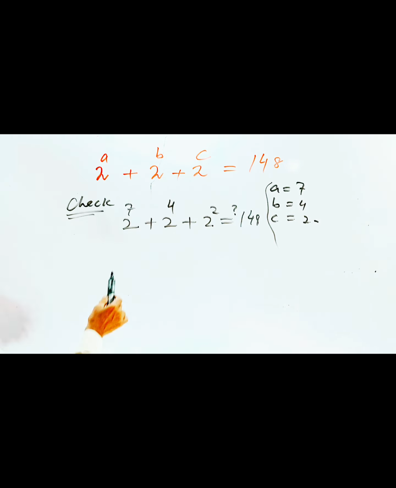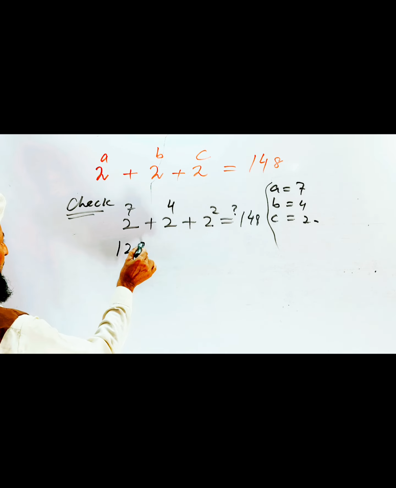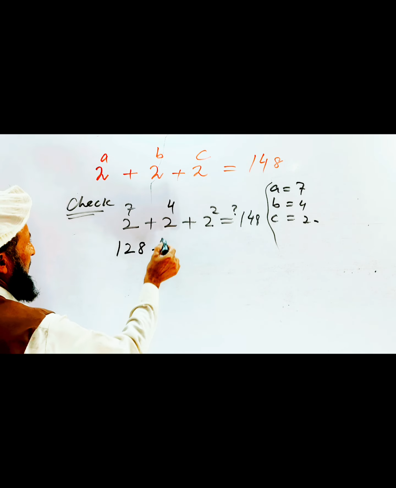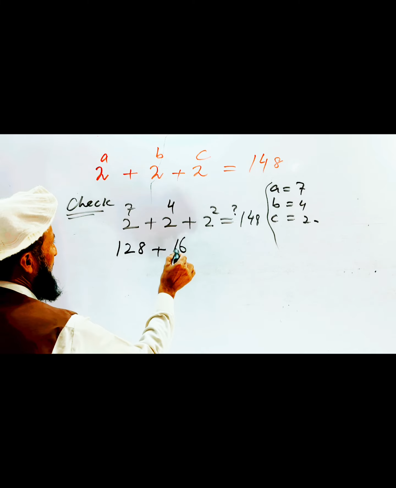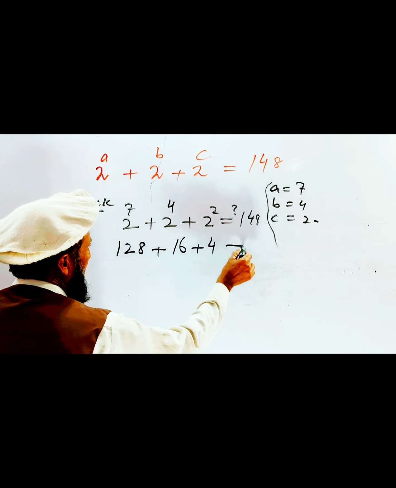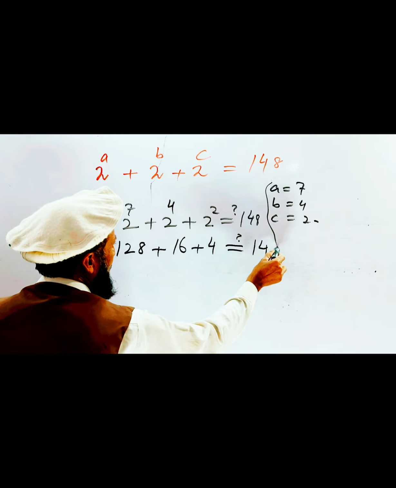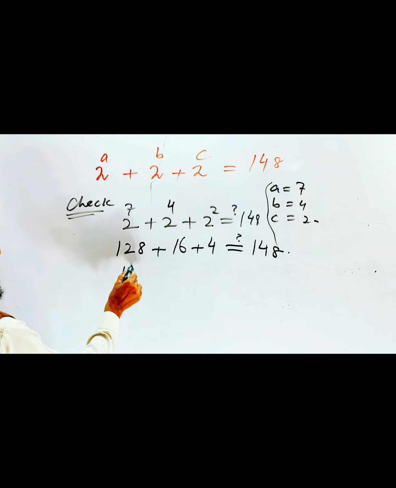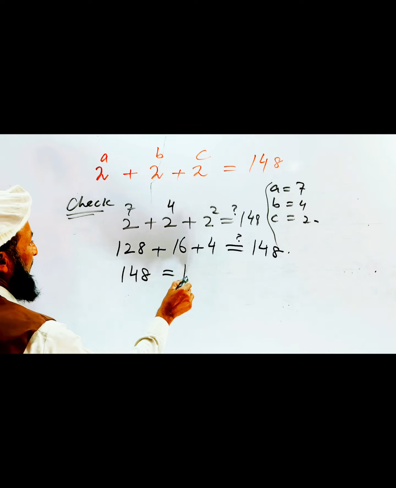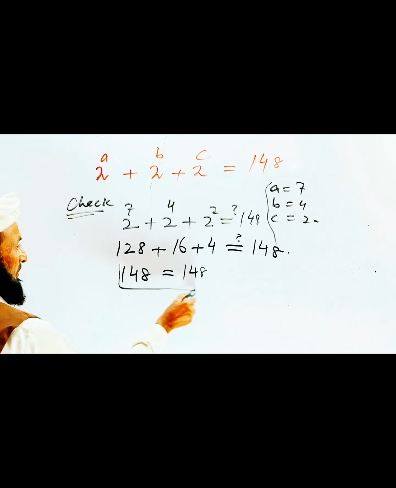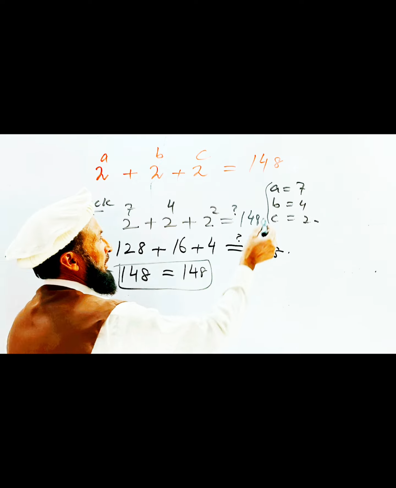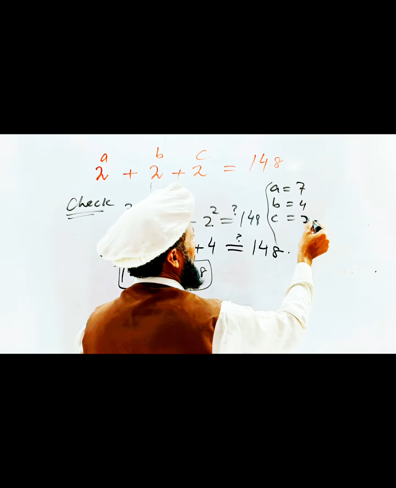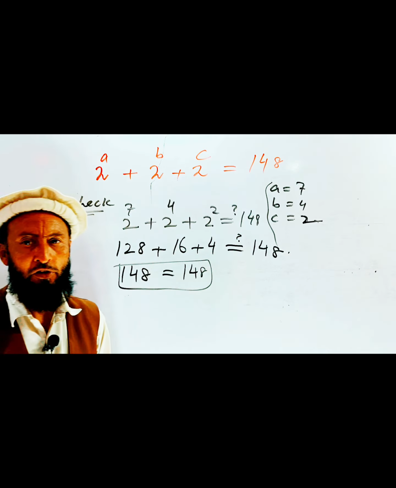We get 2^7 is 128 plus 2^4 we get 16 plus 4 is, question mark, 148. Now 128 plus 16 plus 4 is 148, that equals 148. So our solution is correct. a is equal to 7, b is equal to 4 and c is equal to 2 is our solution.